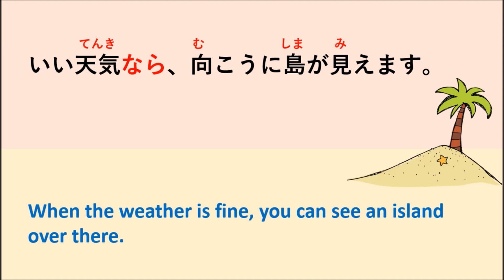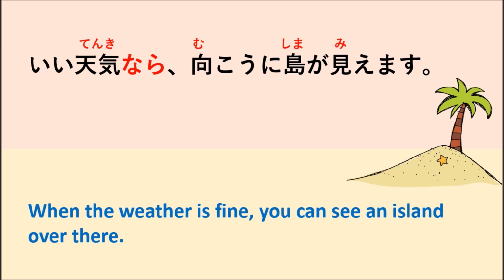In this sentence, before nara is tenki. Tenki means weather. Ii tenki, ii means good. Ii tenki means good weather, or the weather is nice.